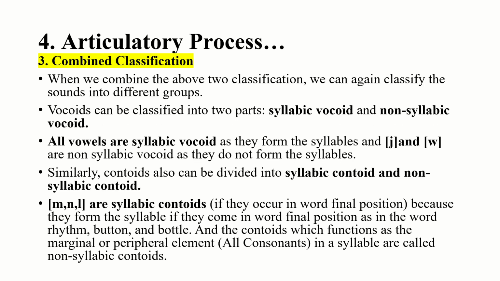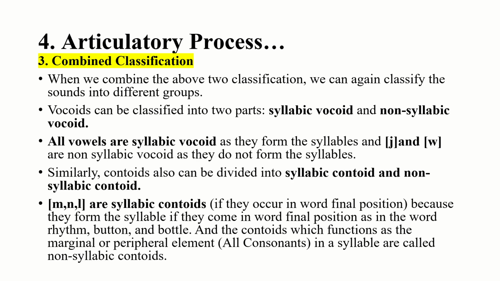So, combined classification. If we combine these two types of classification, then we can make four types. One is syllabic vocoid, non-syllabic vocoid, syllabic contoid, non-syllabic contoid. Syllabic vocoid means, what are the syllabic vocoids? All vowels.